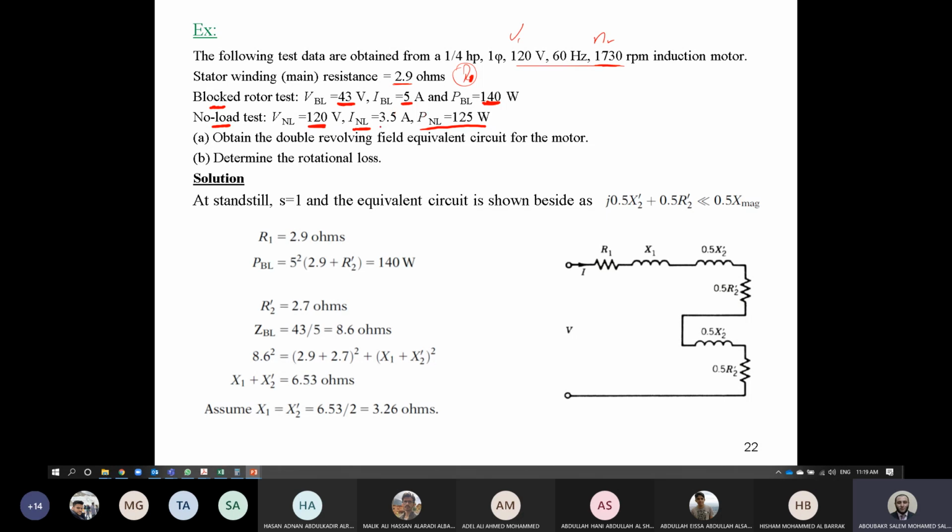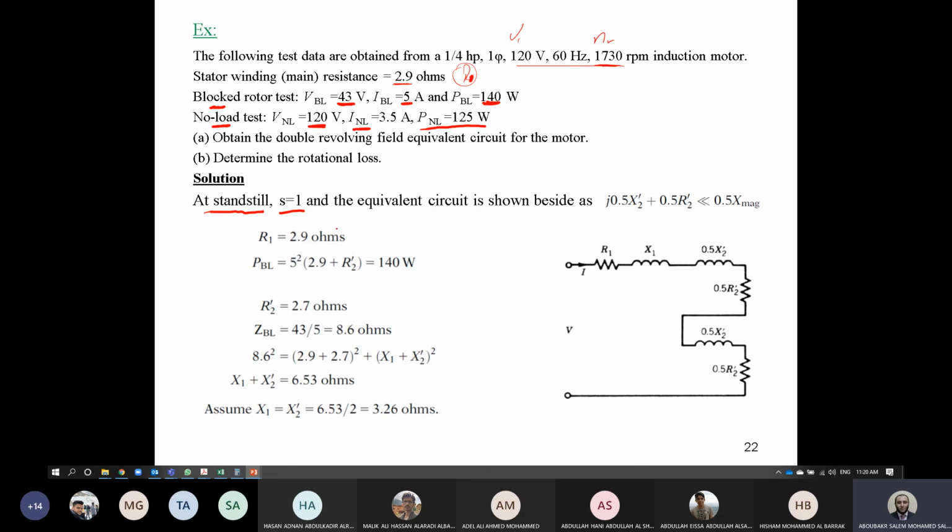Okay, so we now have the data of the two tests, and we need to obtain the motor parameters. This is the first thing, guys. In order to understand that, let's apply firstly at standstill. Standstill means the motor is not moving, and S equals unity.